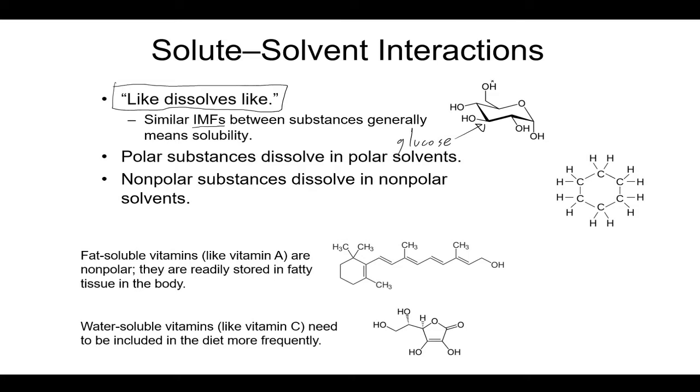The answer is yes, because these OH regions are like water's OH regions, and they can set up their own hydrogen bonding right here. So if you have a molecule like glucose that is polar, it's probably going to dissolve in a polar molecule like water. A polar substance like glucose will dissolve in a polar solvent like water.